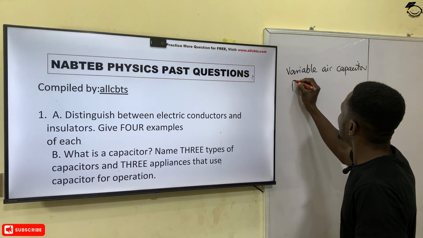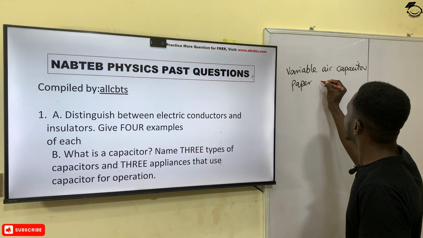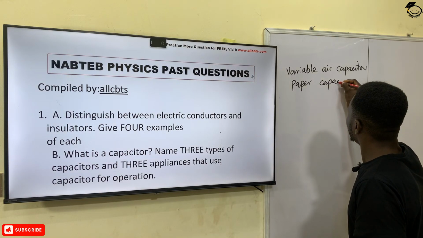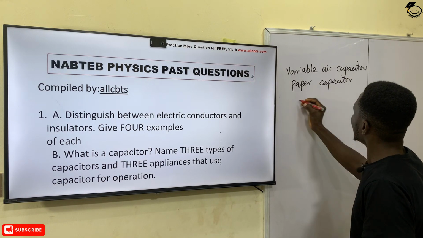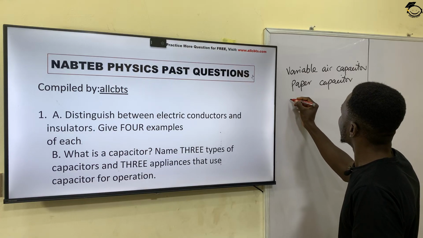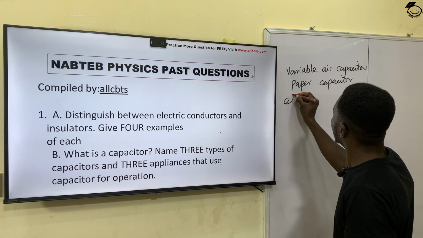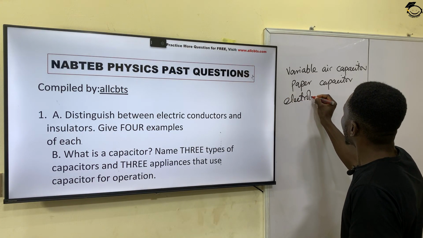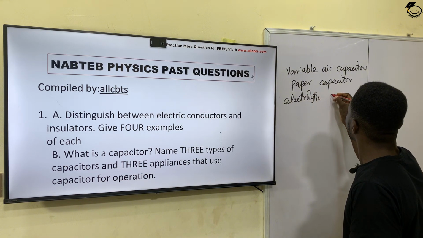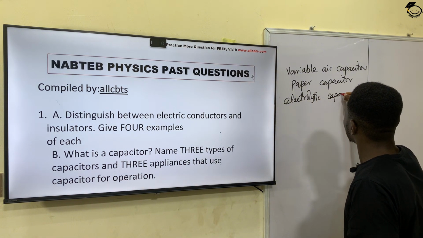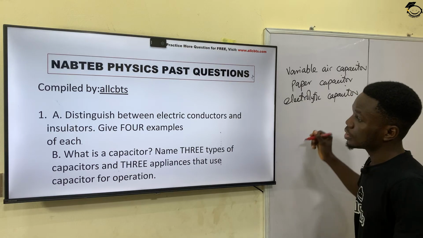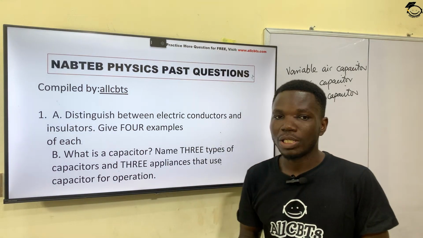We have the paper capacitor. And we have the electrolytic capacitor. So these 3 are the types of capacitor that we have.